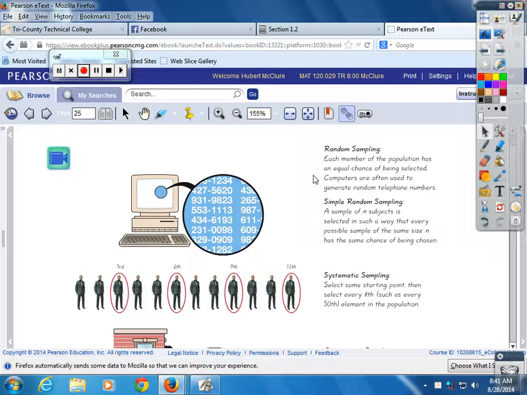So you can't say that's a random sample. But what if you go through pages A through B and just pick one? Then yes, that's a random sample.